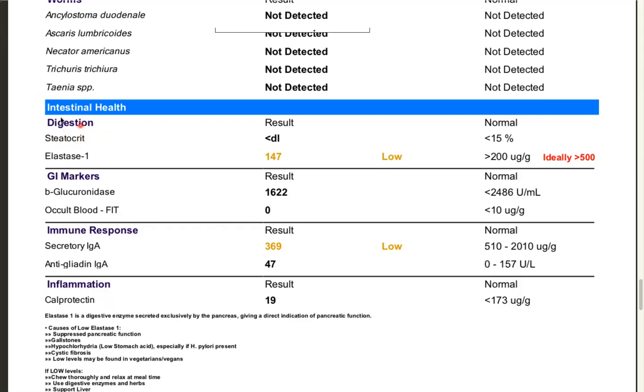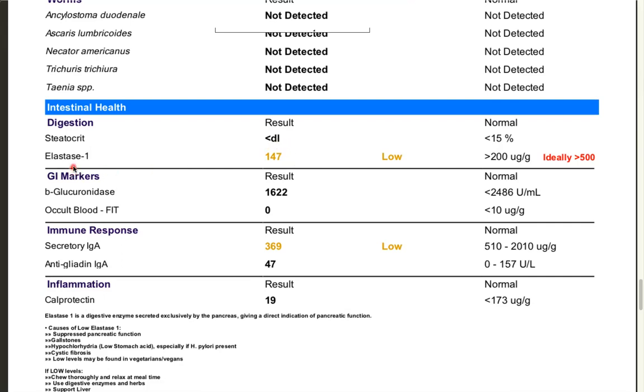So starting in the stomach, how are we digesting our food? Well, the fats are being digested because steatocrit is our fat. There's no fat in the stool. How is the pancreas doing? So not so well, not so good, because this number is too low. It should be over 500 ideally.